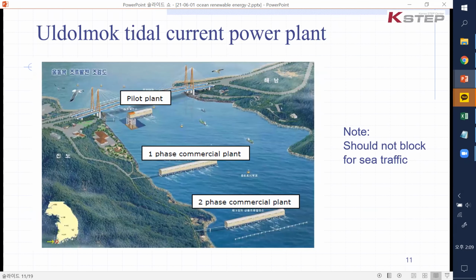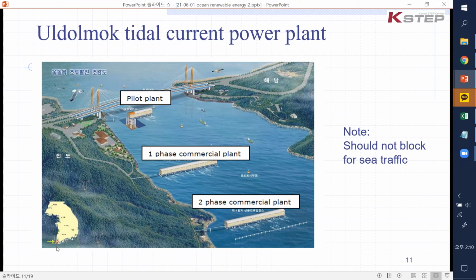And this is a strait type tidal place. Uldoldolmok is famous to Korean people because of General Yi Sun-sin.